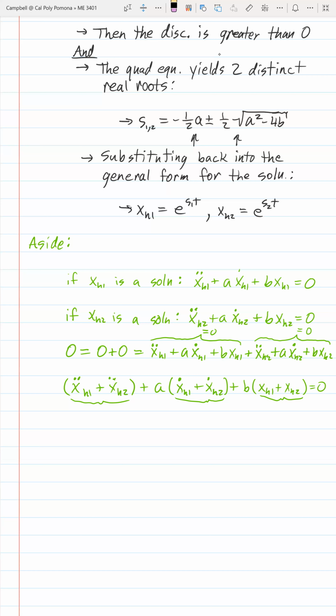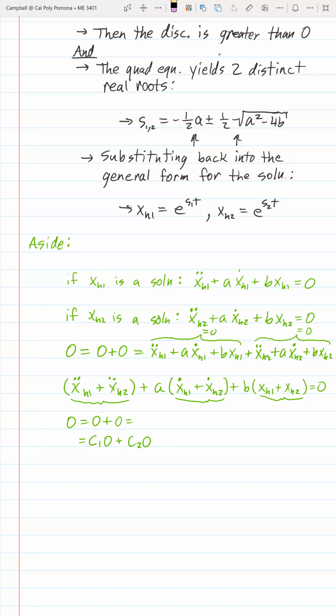Oh, wait, but things get even more interesting, because what happens if I add 0 to 0, but then I go even one step further and say, okay, but what happens if I take C1 and multiply that by 0, and I take C2 and I multiply that by 0? Don't I still get 0?